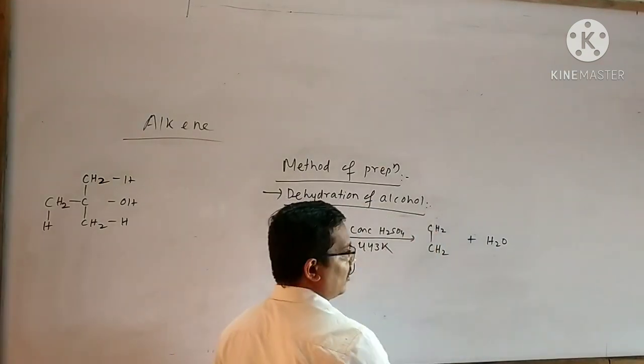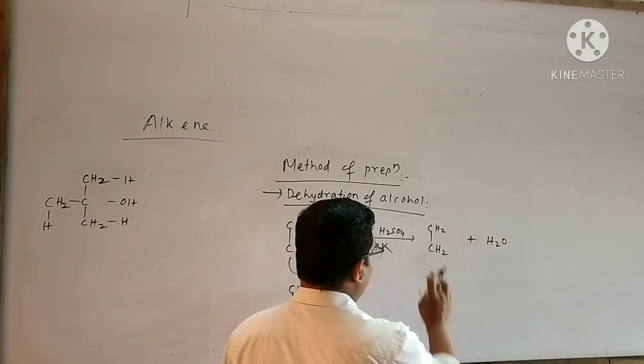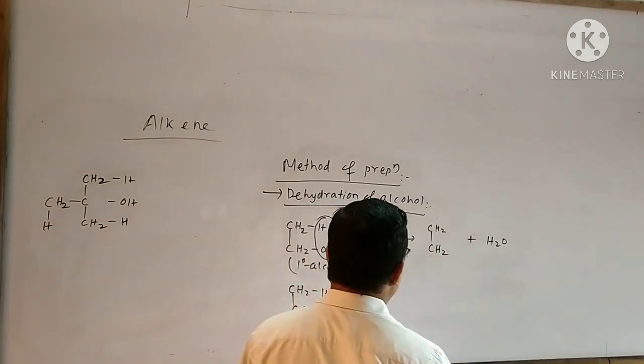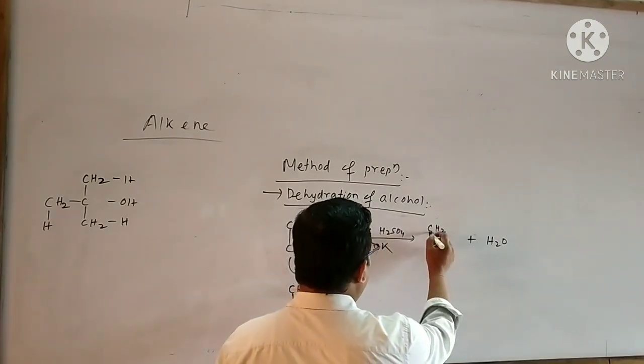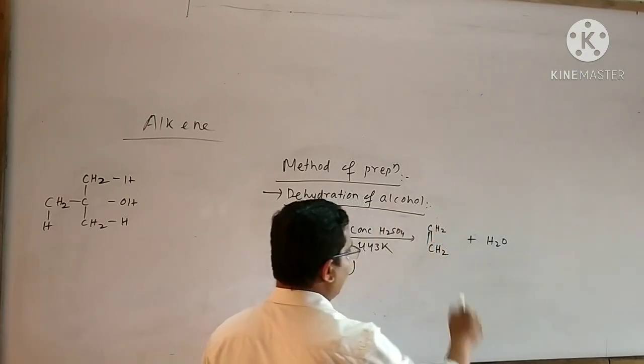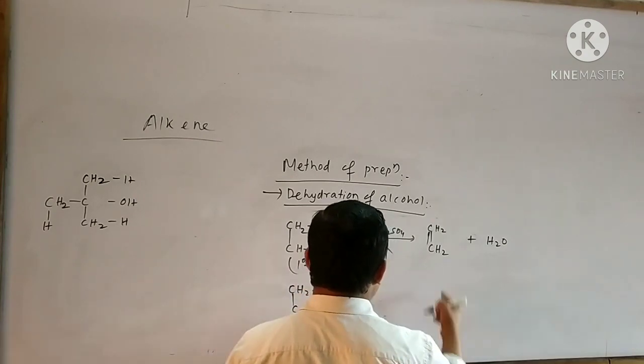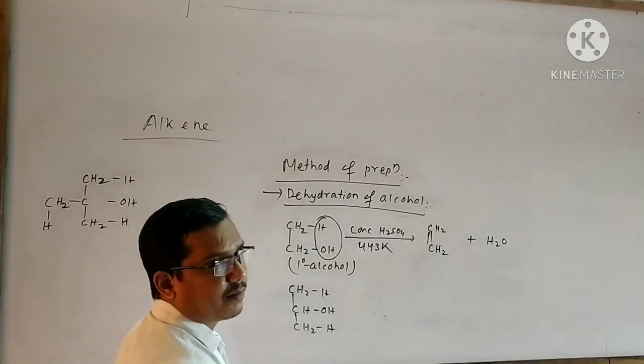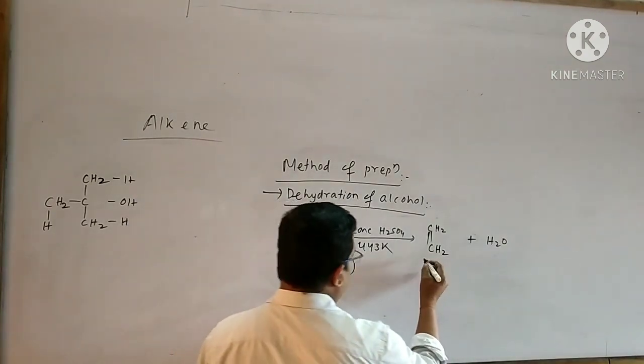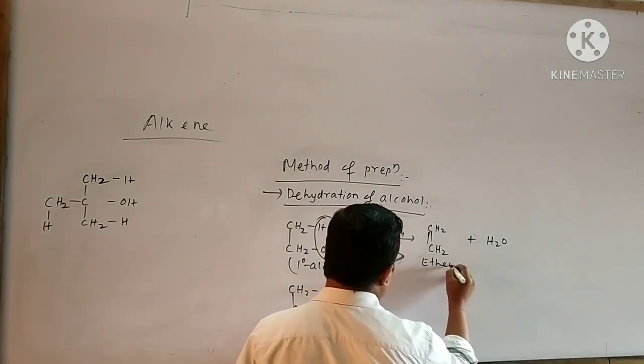Your 1 bond is empty, another bond is empty. This can be stabilized by giving a double bond between these 2 carbon atoms. Look at that. This is your alkene, which is formed by the dehydration of alcohol. The name of this compound is ethene.